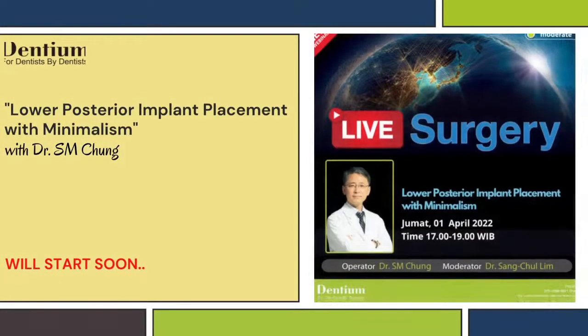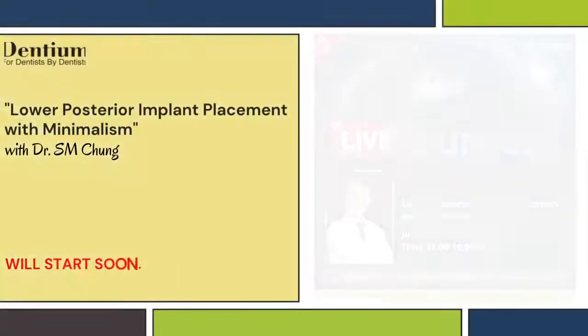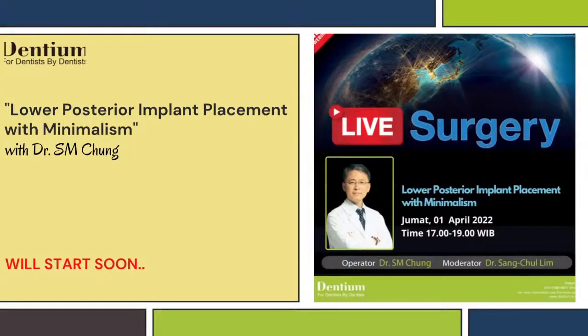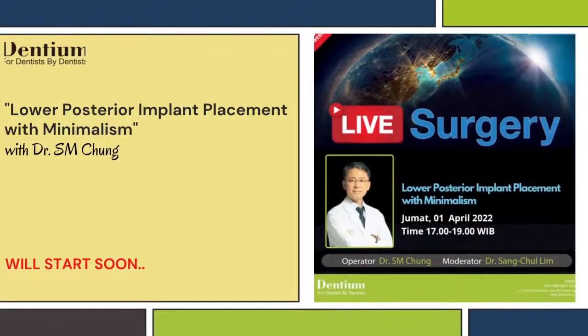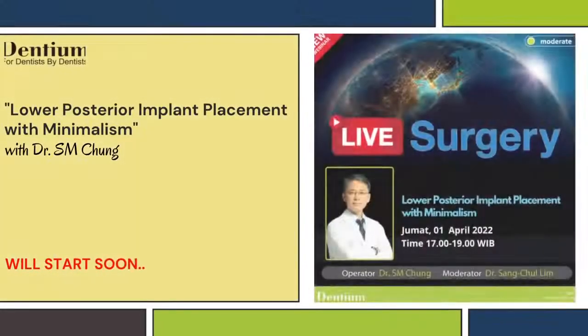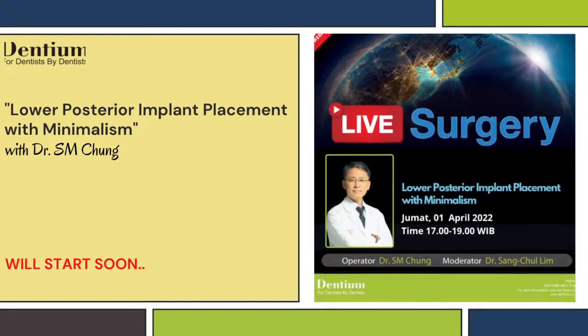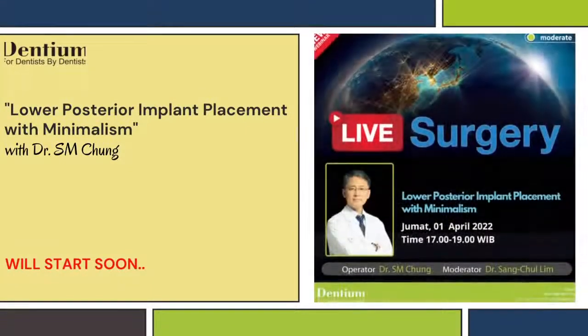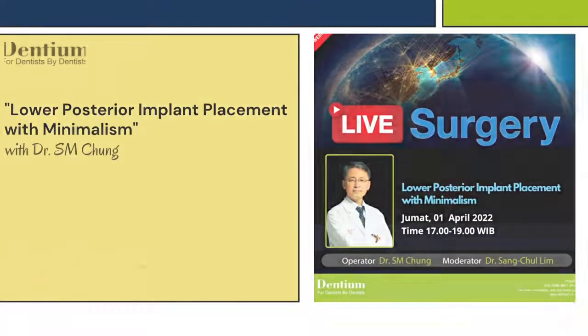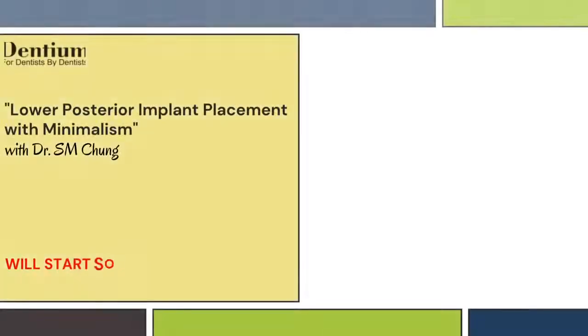This CBCT from the Dentium company has been highly upgraded recently. Automatic nerve detection functions have been added by AI. So with just one click, these machines automatically detect the inferior alveolar nerve, right?